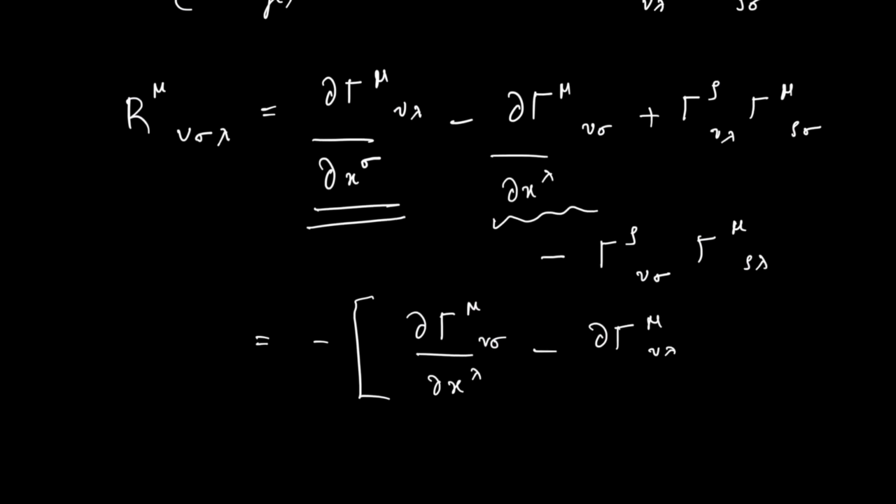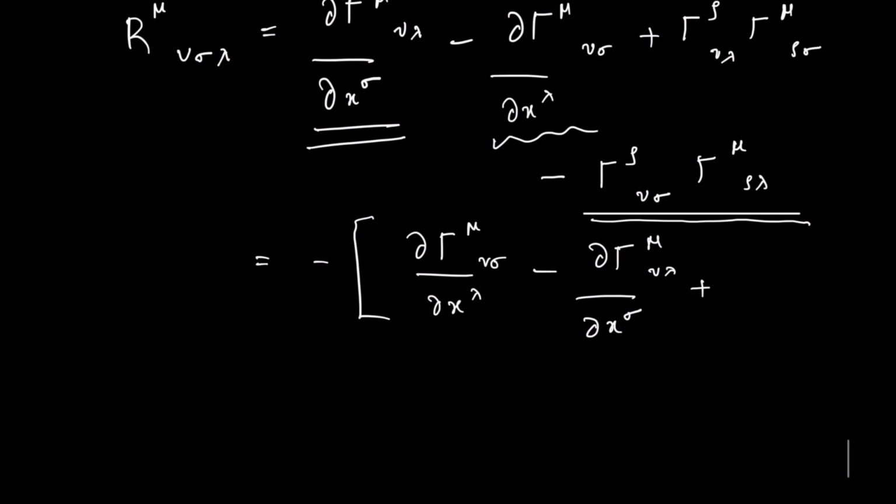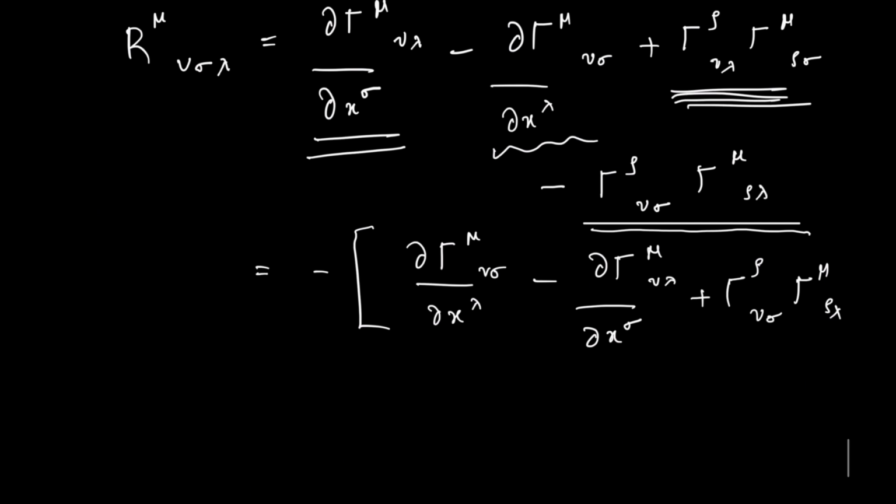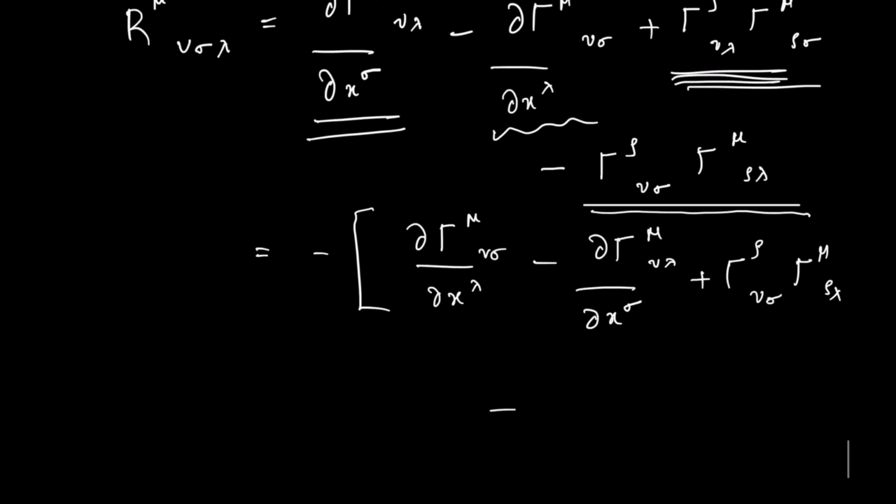Mu nu lambda plus, now I'll write this term, negative is there outside, so I can just write Christoffel symbol rho nu sigma, mu rho lambda. Now finally this one I have to write a negative, Christoffel symbol rho nu lambda, Christoffel symbol mu rho sigma.